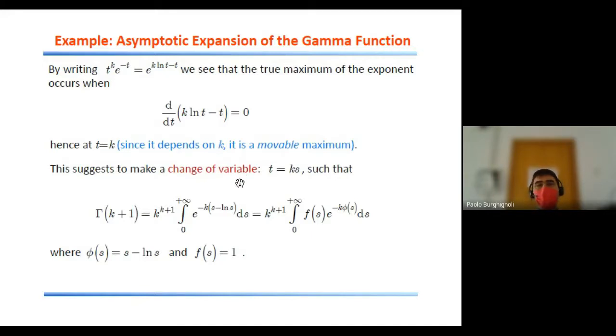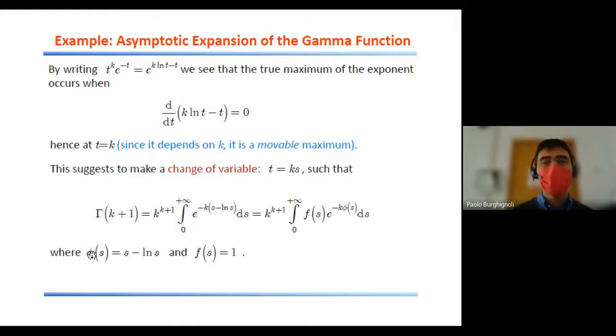Now, if you do that, the Jacobian of the transformation will give you this term here, k to the power k plus 1, times the integral of e to the power minus k times s minus logarithm of s, which is our new function phi.